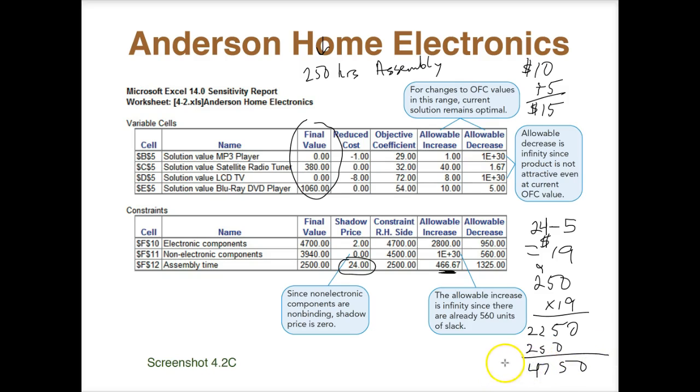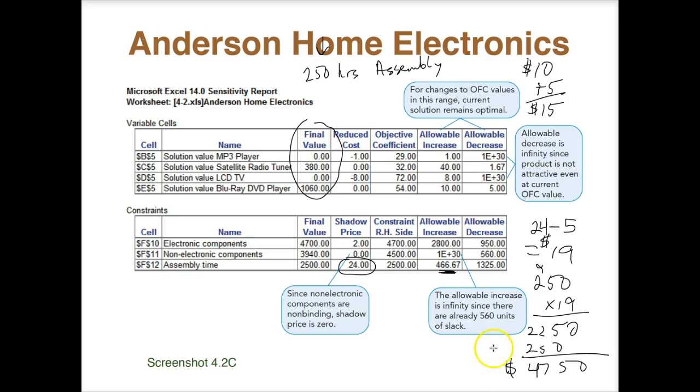And so that's $4,750, okay? So we're seeing that we'll actually increase our profits by $4,750 if we pay our workers time and a half to produce any of these components that we're making, and in this case the satellite radio tuners and the Blu-ray DVD players. So we definitely should do it if we're trying to worry about whether we're going to lose money or not.